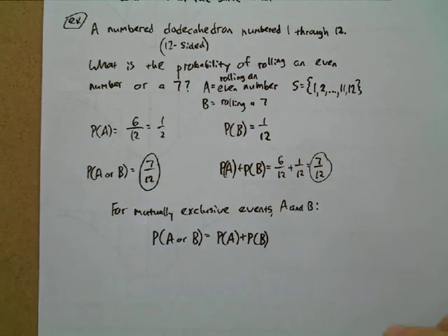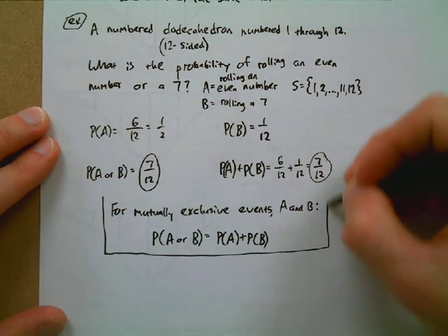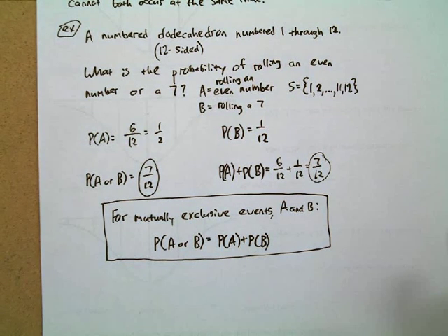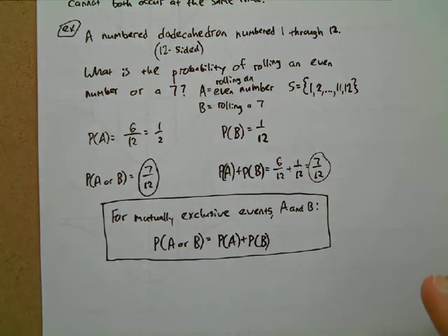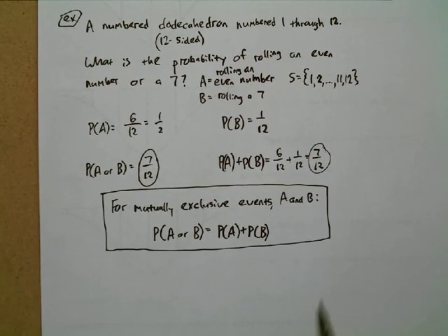And this is one of the key takeaways right here. For mutually exclusive events A and B, the probability of A or B is just equal to the probability of A plus the probability of B. Okay? We okay?